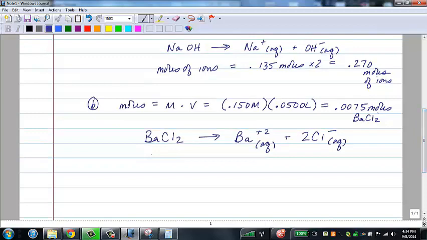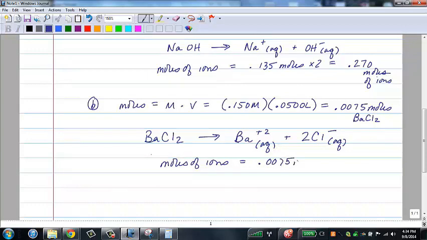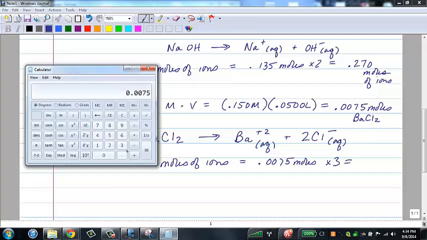So, the total moles of ions, 0.0075 times 3, and that's equal to 0.0225.